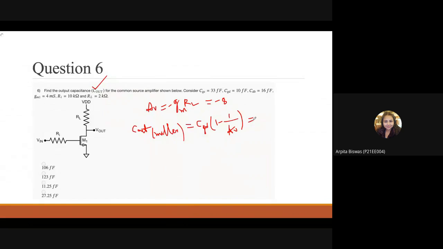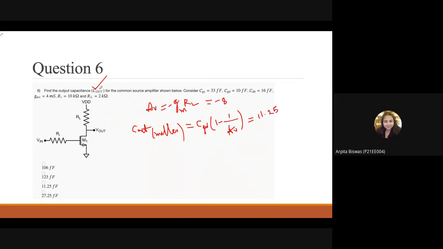So CGD into 1 plus 1 by 8. Option, ma'am. 11.25, right? Yes, ma'am. So 11.25 is the C output Miller. It is not the actual C output.